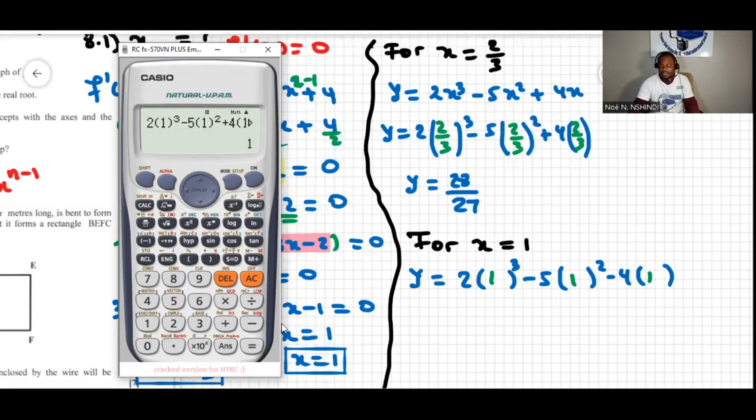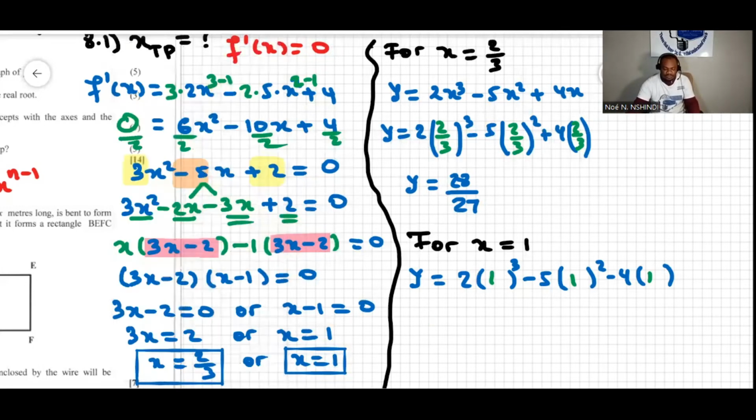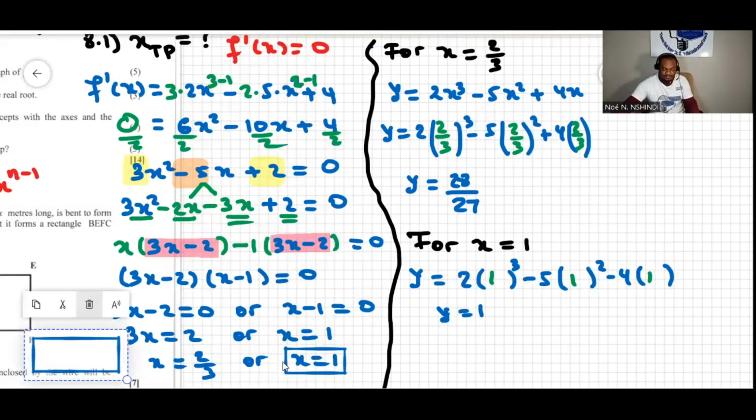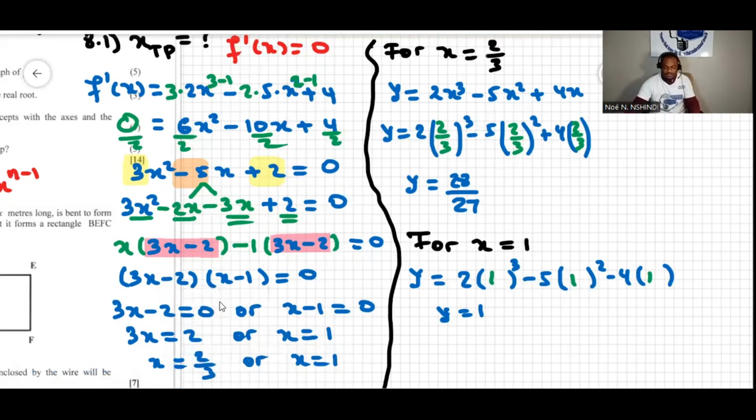And when we hit equal, for x equal to 1, y is also equal to 1. So therefore, the turning points are the points 2/3, 28 over 27, and the point 1, 1.